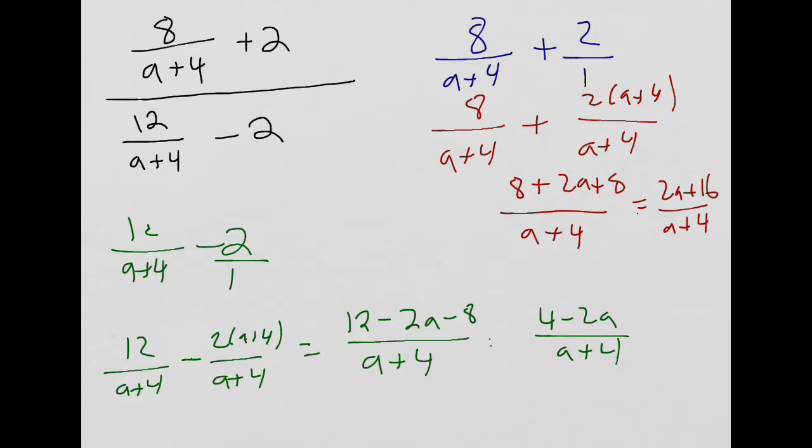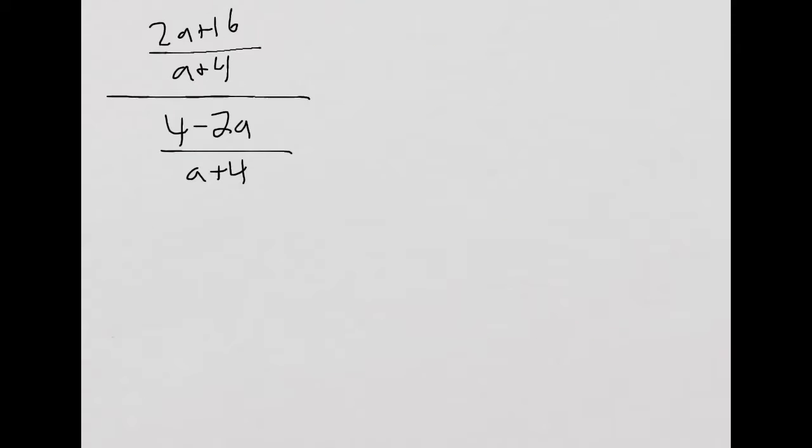So we've done these two parts essentially separately. We've done the numerator, which we simplified into one fraction. We simplified the denominator also into one fraction. So let's rewrite it. We get the numerator, which is 2a plus 16 over a plus 4, divided by 4 minus 2a over a plus 4.